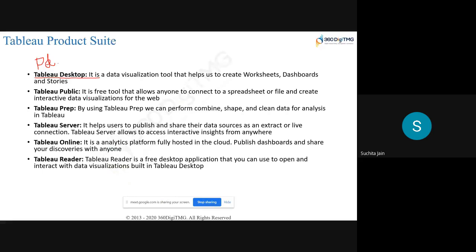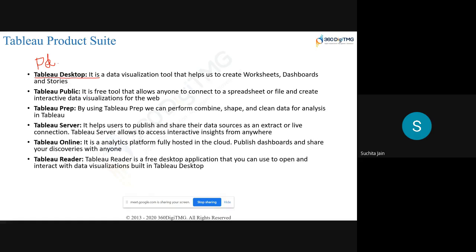Okay. And Tableau Online, it is an analytical platform fully hosted in the cloud. Publish dashboards and share your discoveries with anyone. So what is the difference between Tableau Server and Tableau Online? They both are doing the same thing, but Tableau Server is a secured and paid network.